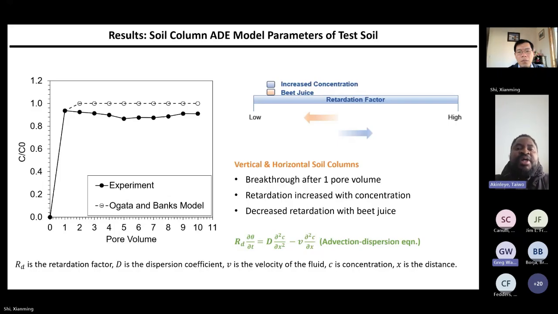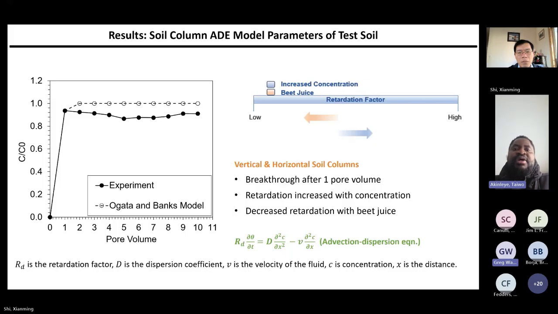So for our experiment, we looked into the Ogata and Banks model, which is an extension of the advection-dispersion equation. One of the very important parameters here is the RD, which is the retardation factor. What the retardation factor means is how much interaction is happening within the soil.